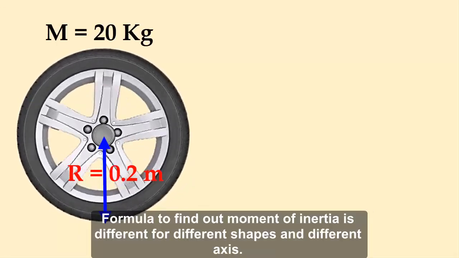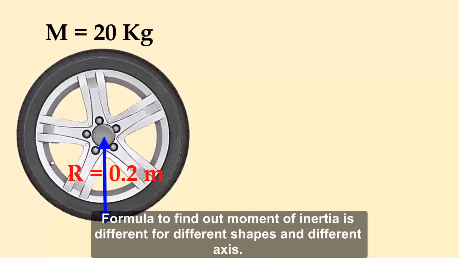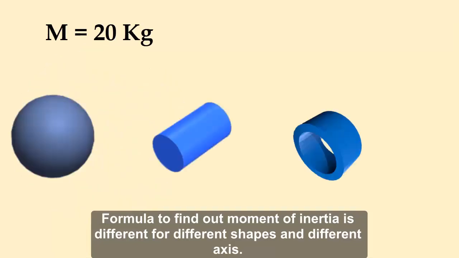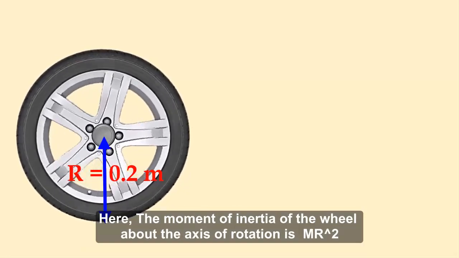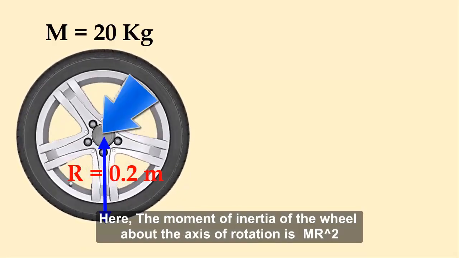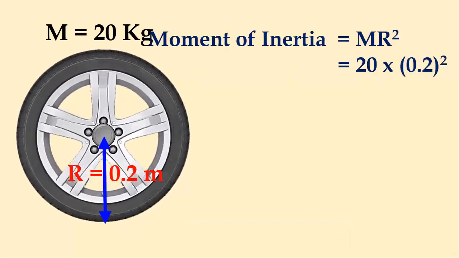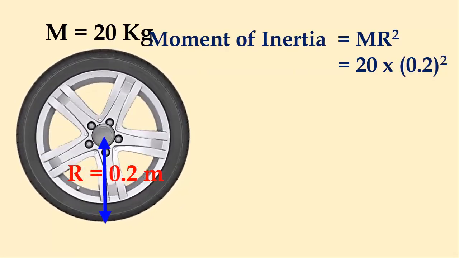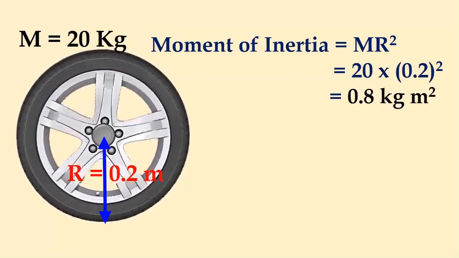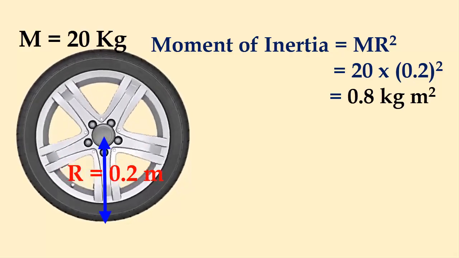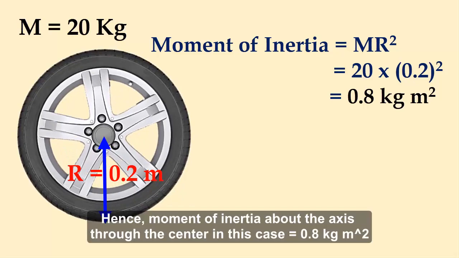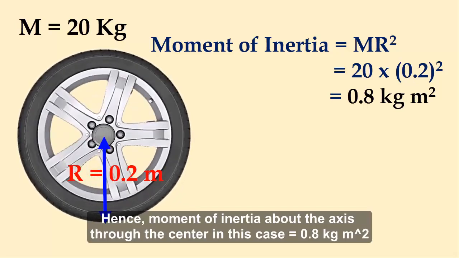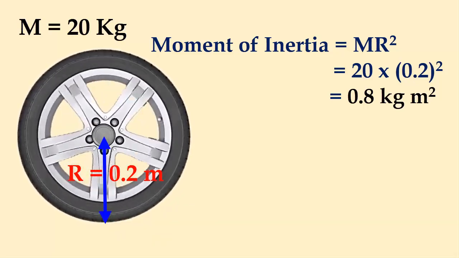The formula to find the moment of inertia is different for different shapes and different axes. Here, the moment of inertia of the wheel about the axis of rotation is mr², which is equal to 20 × 0.2², which is equal to 0.8 kg m². Hence, the moment of inertia about an axis through the center in this case is 0.8 kg m².